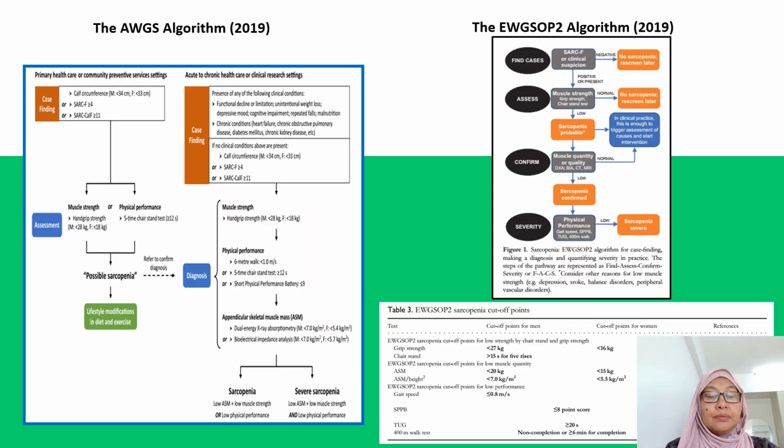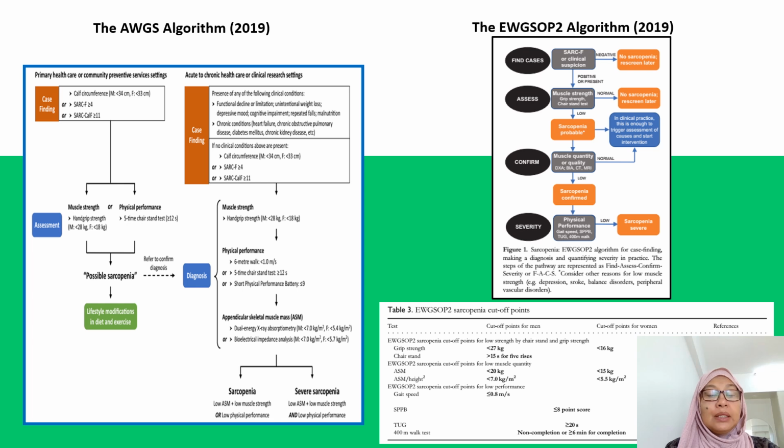So first, let's discuss the algorithm developed by the Asian Working Group for Sarcopenia, or AWGS, and the European Working Group on Sarcopenia in Older People, or EWGSOP. These algorithms provide guidelines for the diagnosis of sarcopenia. The AWGS 2019 algorithm includes criteria for low muscle mass, low muscle strength, and poor physical performance.